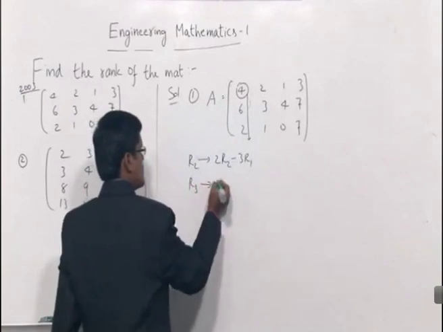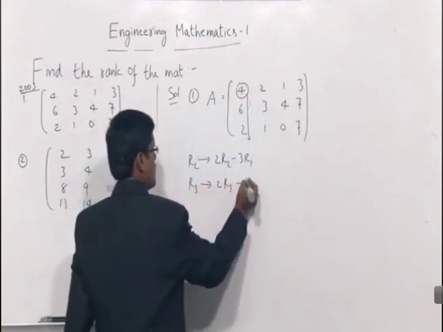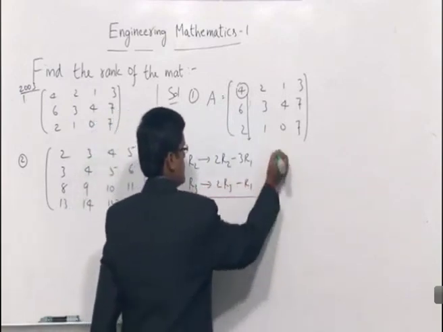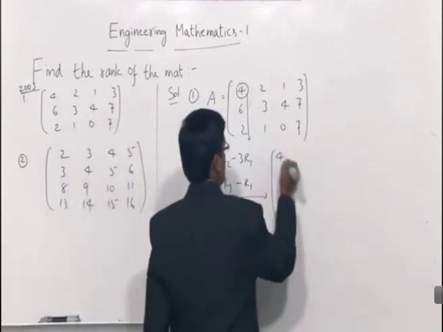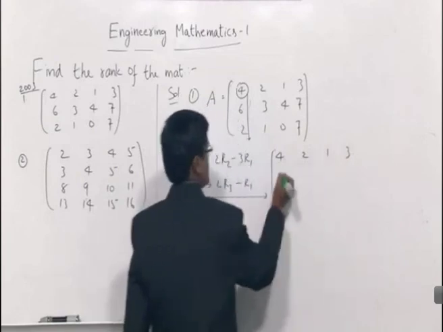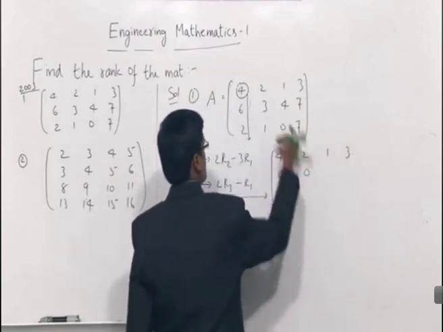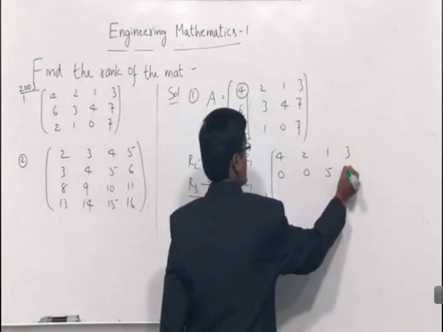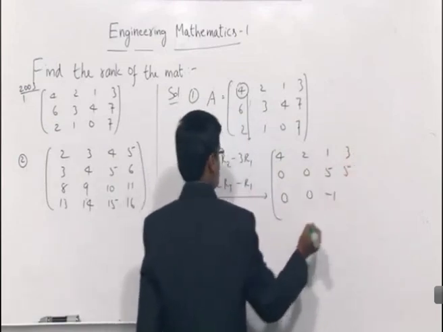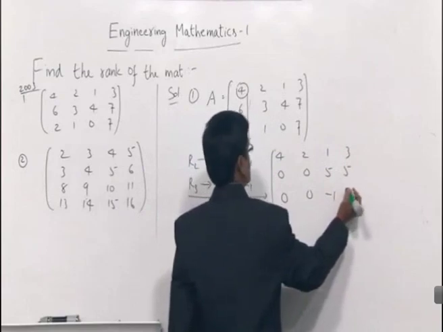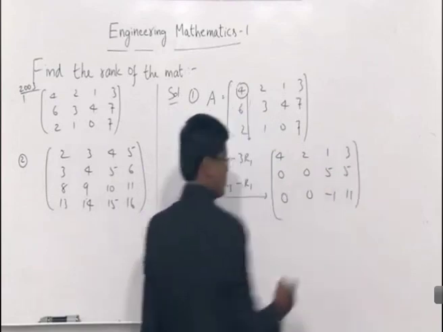That means R3 changes to 2R3 minus R1. This simplifies to the next matrix. 4, 2, 1, 3. 0, 0, 5, 5. 0, 0, minus 1, 11.